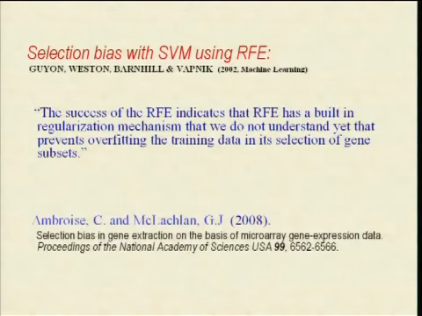And they did this in chunks of a half, so they kept throwing away the bottom half of the genes. They got these results, that they came up with a classifier based on only 1 or 2 genes that had a 0 cross-validated error rate. And they did realise something was going on, but they said the success of the RFE indicates that it has a built-in regularisation mechanism that we do not understand yet that prevents overfitting. Well, but it didn't prevent overfitting.